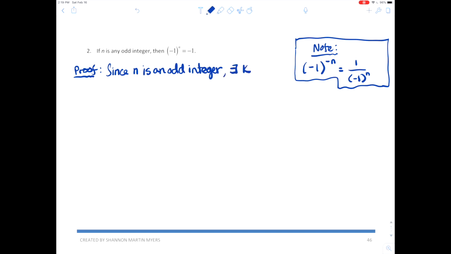Well, since that's true, there exists some k, such that, the backward epsilon, such that n equals 2k plus 1.